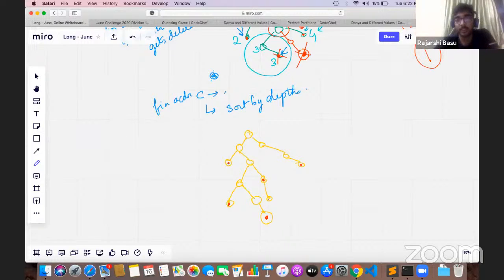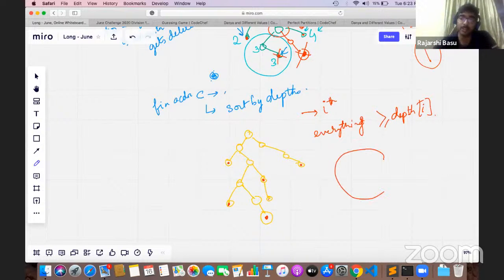When you are processing the ith node, you know that everything with greater depth than the depth of i has already been processed. By processed, I mean you put them together in some set of nodes, where inside the set you have them sorted by the start indexes, like 1, 2, 3, 4, 5. Let's say you are currently processing node 3.